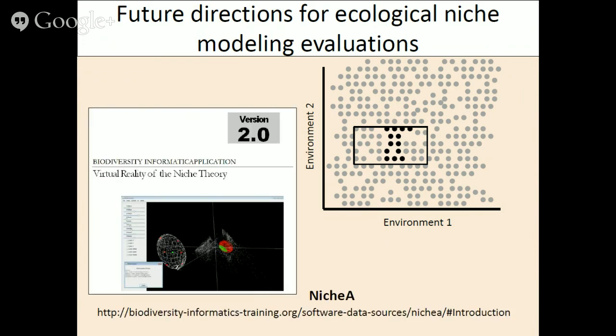This can be done using the software, so I include here the link for the software, which is a new tool to work with ecological niches in the environmental space, but this kind of evaluation is still in exploration.